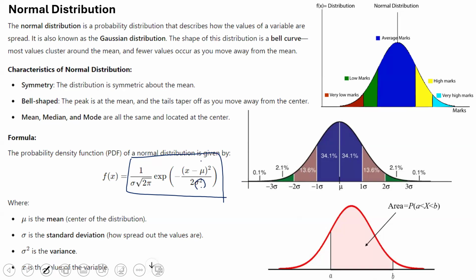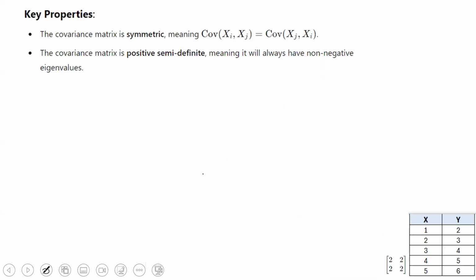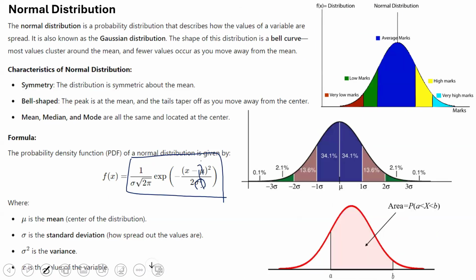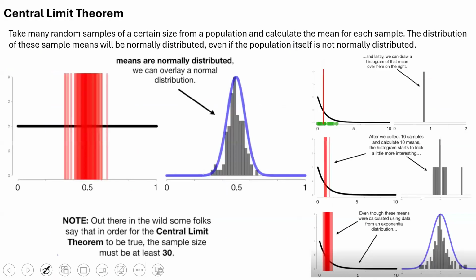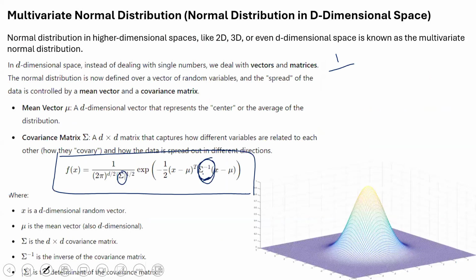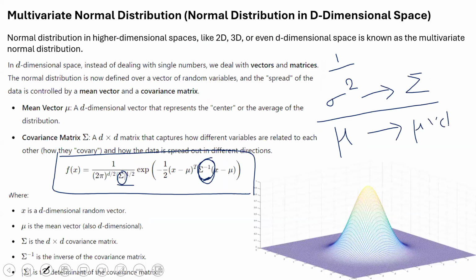This variance is coming up now, and that is becoming the covariance matrix. So variance is converting to the covariance matrix in higher dimensions. Mu is becoming the mu vector. That is the only change.